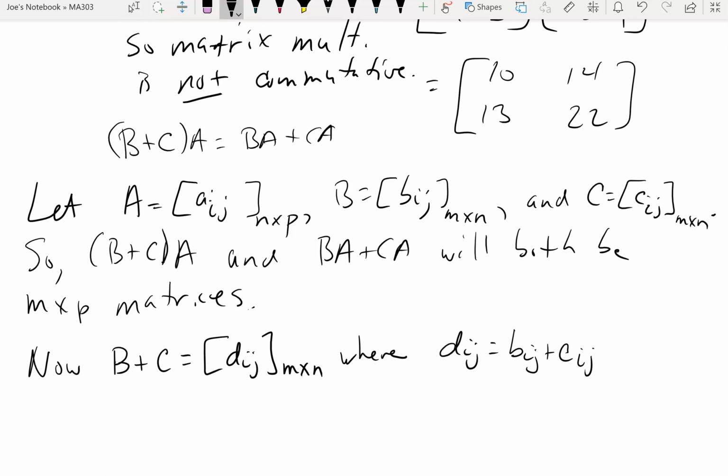So if I go to the next one, when we take B plus C times A, and I know I'm skipping the letter E, we usually use the letter E for a different purpose, which is why I'm skipping it. And it's not because it's the number 2.718 and change.